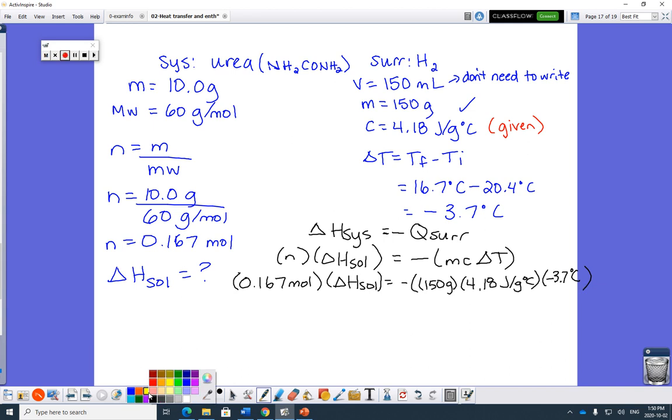Or you can use brackets, or you can show all of your work, which I'll do here. So 150 times 4.18 times negative 3.7 is negative 2,319.9.